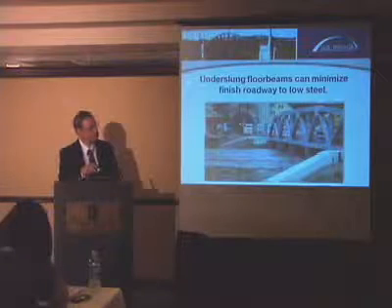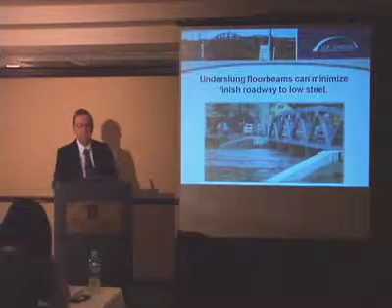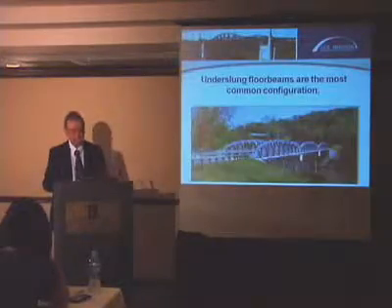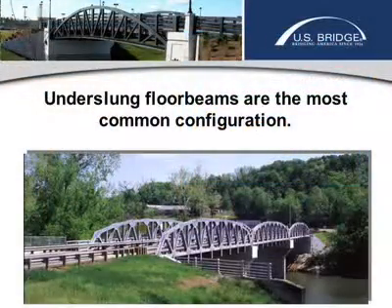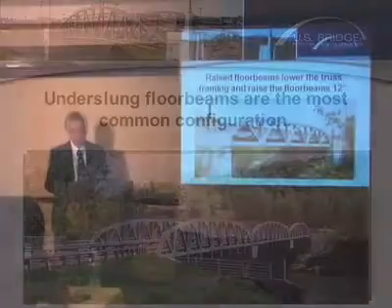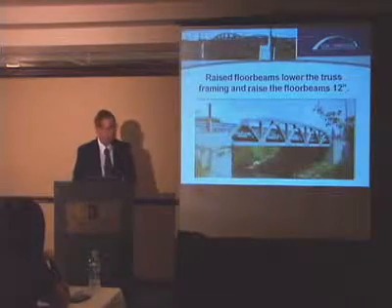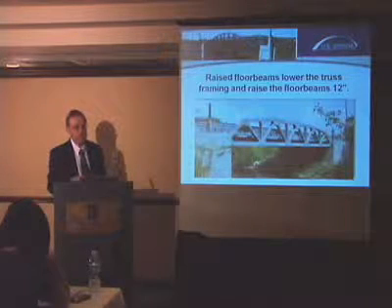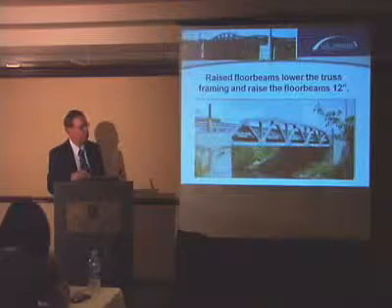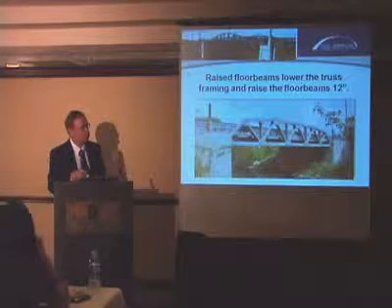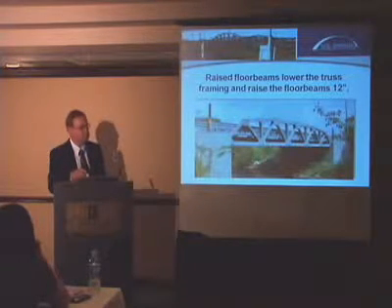Not all the time can you raise the roadway on the approaches to use a different configuration. These underslung floor beams are the most common that we've seen historically in the older bridges, and the newer ones. With the raised floor beams that we're doing, the structural design is considered equitable, but the truss structure is dropped down about 12 inches.